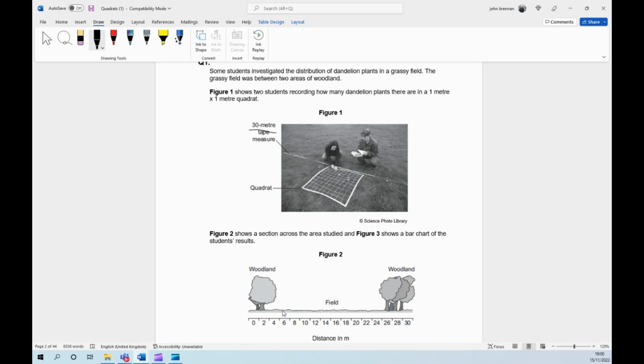What they seem to have done is put down this quadrat at 2 meter intervals. So they've actually produced 1, 2, 3, 4, 5, 6, 7, 8, 9, 10, 11, 12, 13, 14, 15 actual measurements.